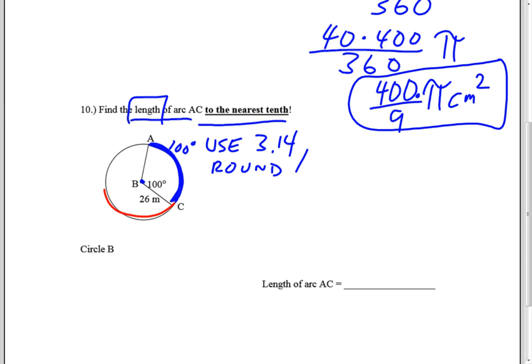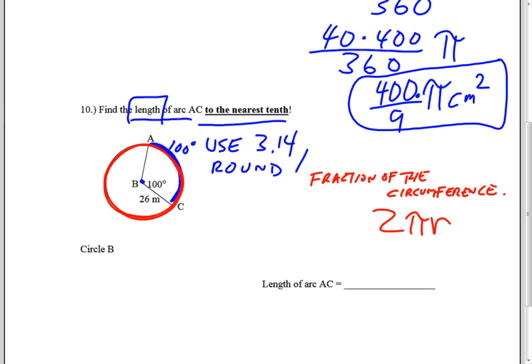What do we call this distance? Circumference. So what I need to do is find a fraction of the circumference. What is the top formula for circumference of a circle on your formula sheet? 2 pi r.